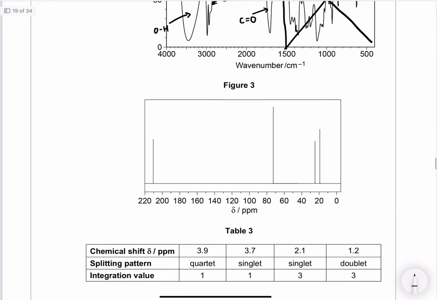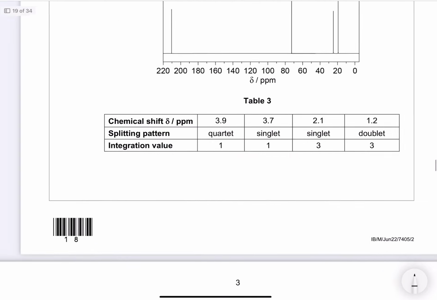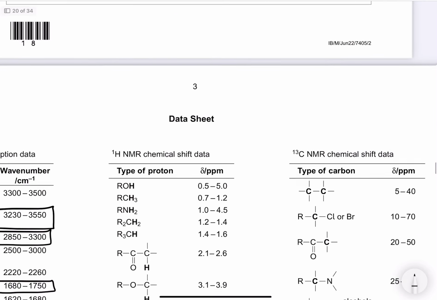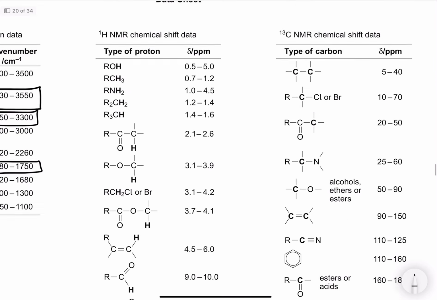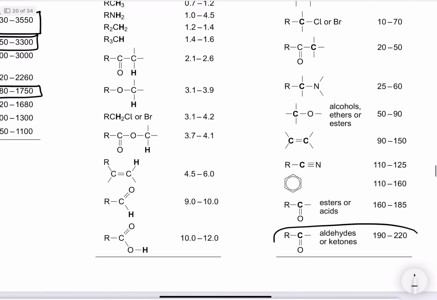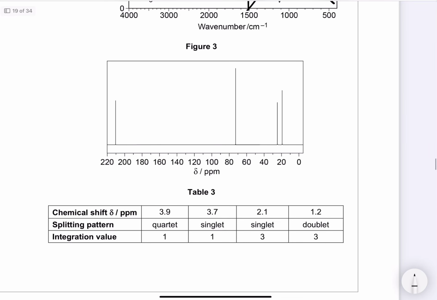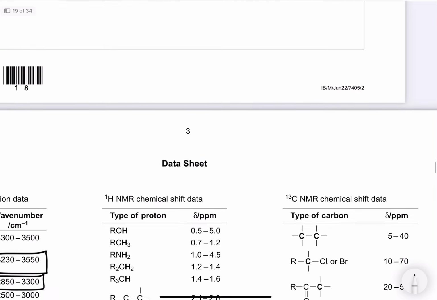Then in our carbon, we've got a peak at 210. So if we have a look at the carbon information, a peak at 210, we've got this peak here. So that's C double bond O aldehyde or ketone. We've then got one at around 70.